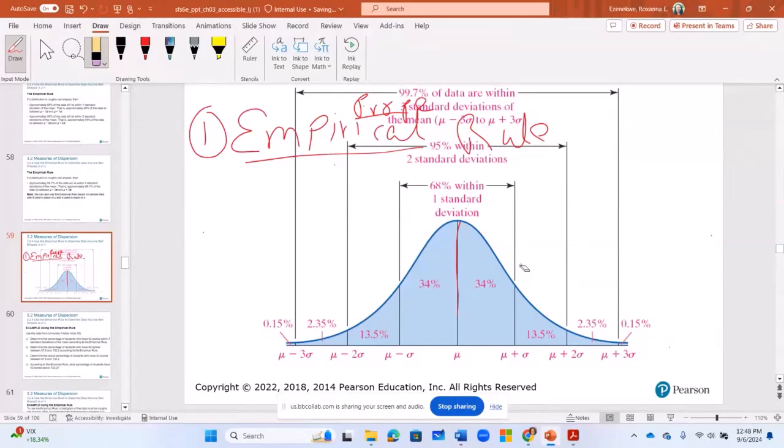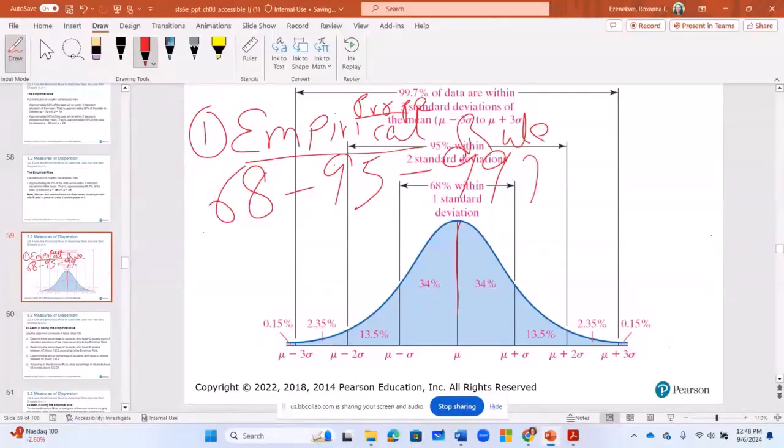The empirical rule is actually called the 68, 95, 99.7 rule, and these are all percents: 68%, 95%, 99.7%.